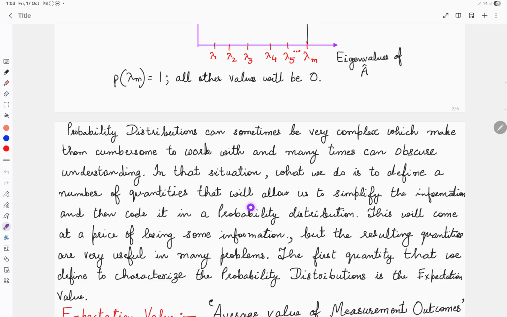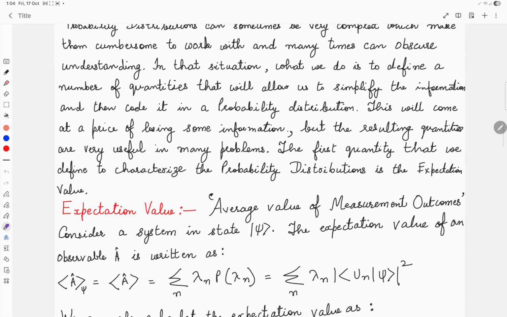So that means we are assigning some statistical parameters to a probability distribution if it becomes complex. Now this will come at a price of losing some information, but the resulting quantities are very useful in many problems. The first quantity that we will define to characterize the probability distribution is the expectation value.